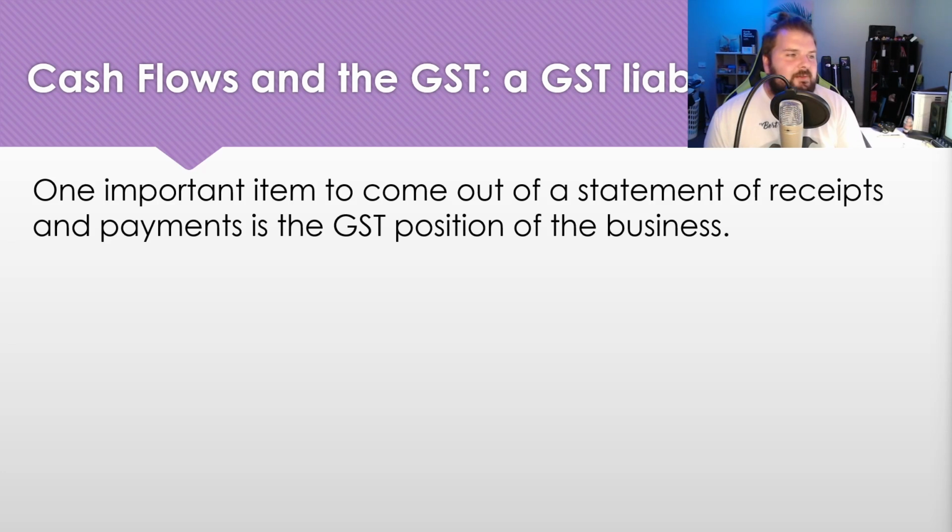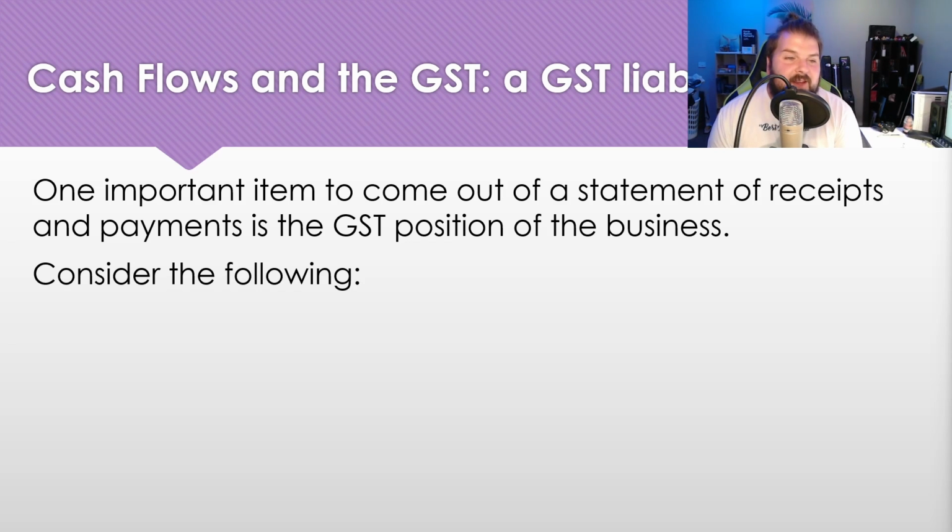Now, in terms of GST, we treat GST like it's a liability, but that might not always be the case. We need to remember that we're always going to be collecting GST to pay to the ATO on every single receipt that we take in, apart from things like interest.